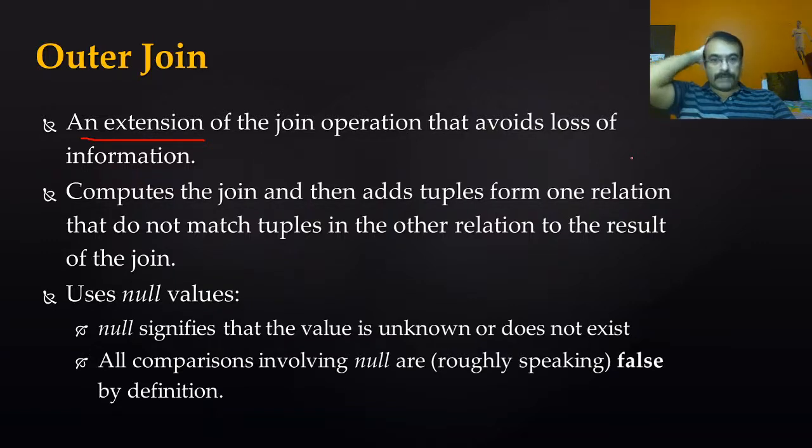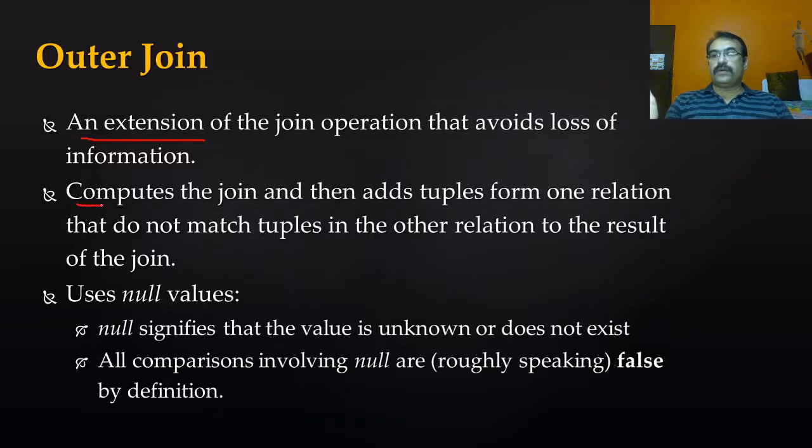But in this case, what's happening? The attributes which are not common, or not sharing a value with the other relation, are simply neglected. So that's a loss. So we'll avoid that.